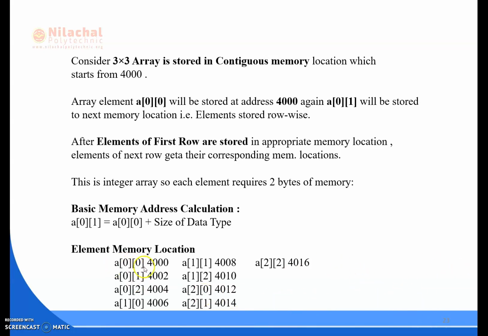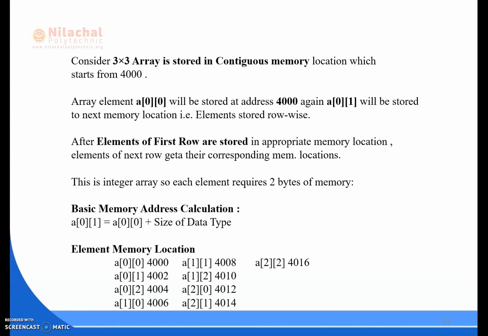So if the first element, that is 0th row and 0th column, is stored at 4000, the next element of that row, that is 0th row and first column, will be stored in the next location according to the size of the data type.